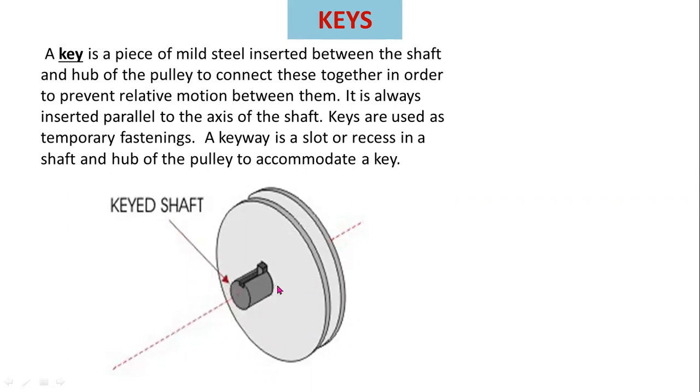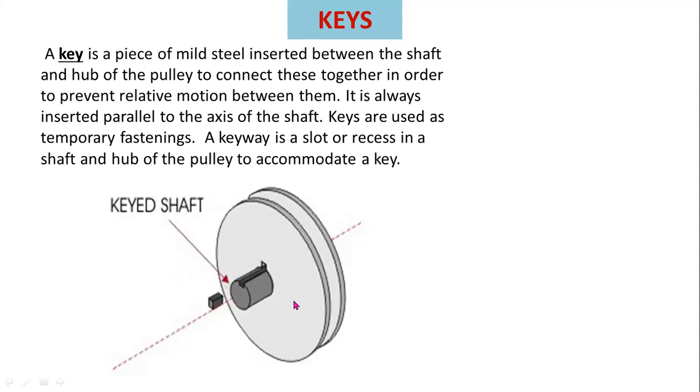A key is a piece of mild steel inserted between the shaft and the hub of the pulley to connect these together in order to prevent relative motion between them.